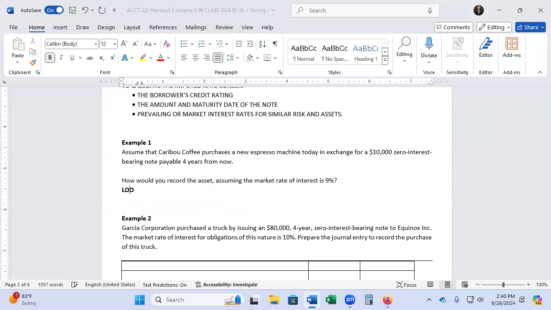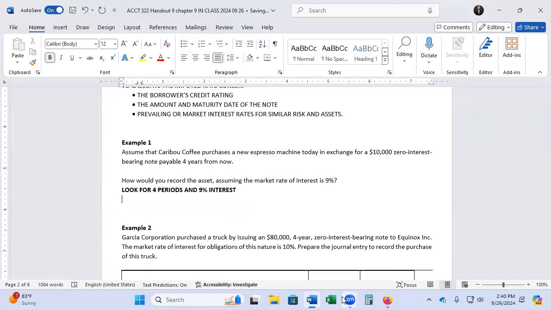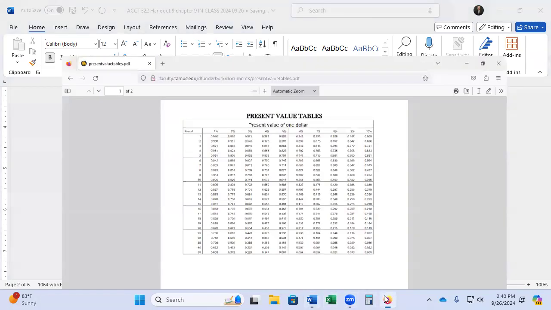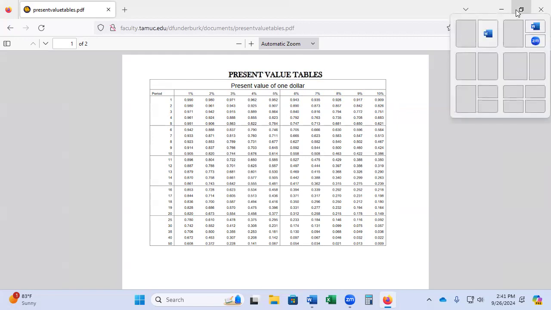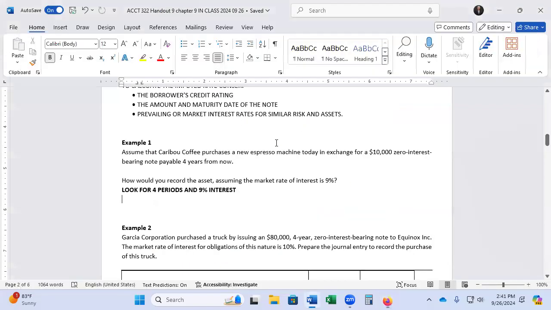So you'd look for 4 periods and 9% interest, and we come out to 0.708. Keep in mind with present value tables, depending on how their rounding is, they're going to be slightly different from other tables. So if your textbook wants you to use a specific table, make sure you use that specific table.